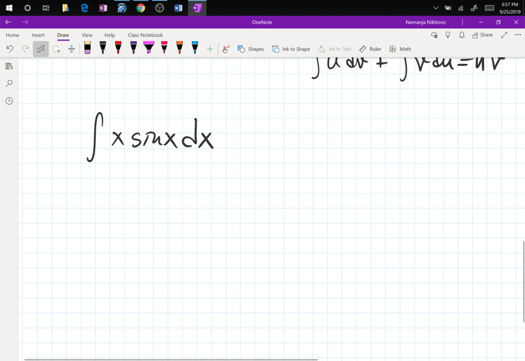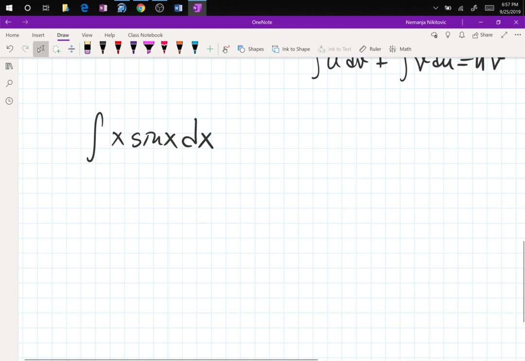No, because you cannot separate on multiplication and division. You can only separate on addition and subtraction. If you have x plus sine x, you can separate into two separate integrals. The times cannot be separated, just like in derivatives you can't separate. You have a product rule for derivatives.